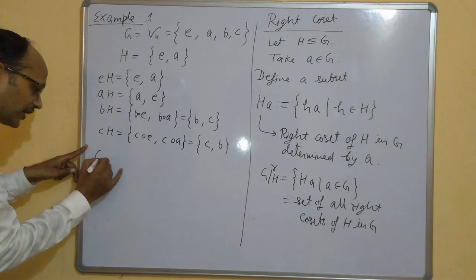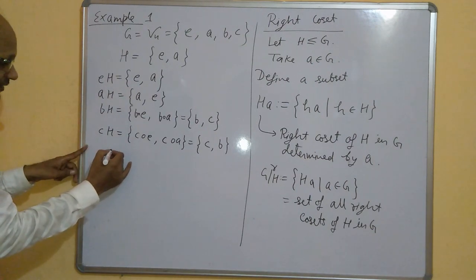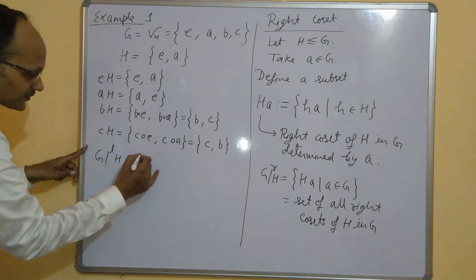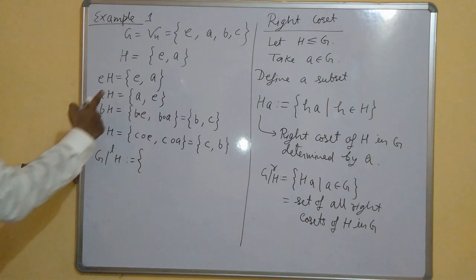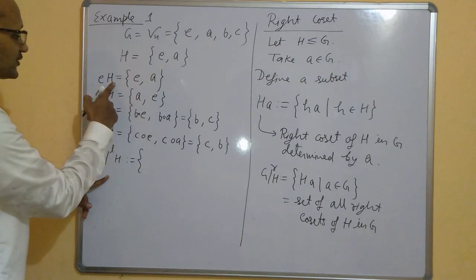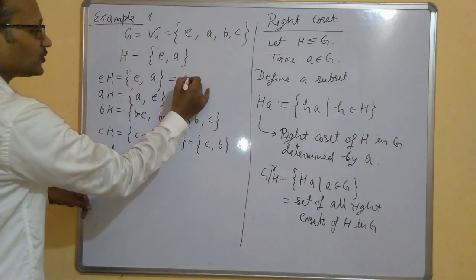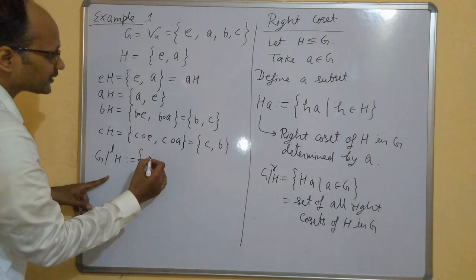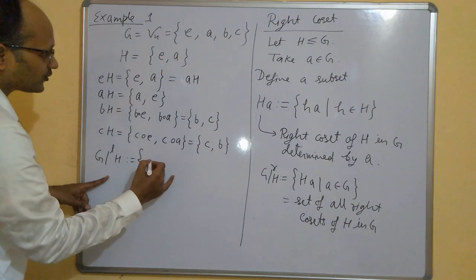And what is the set of all left cosets? So let us have the set of all left cosets of H, and one left coset is eH, which is the same as aH. So both are the same as a subset. So we need not write it 2 times. I will write it only 1 time.